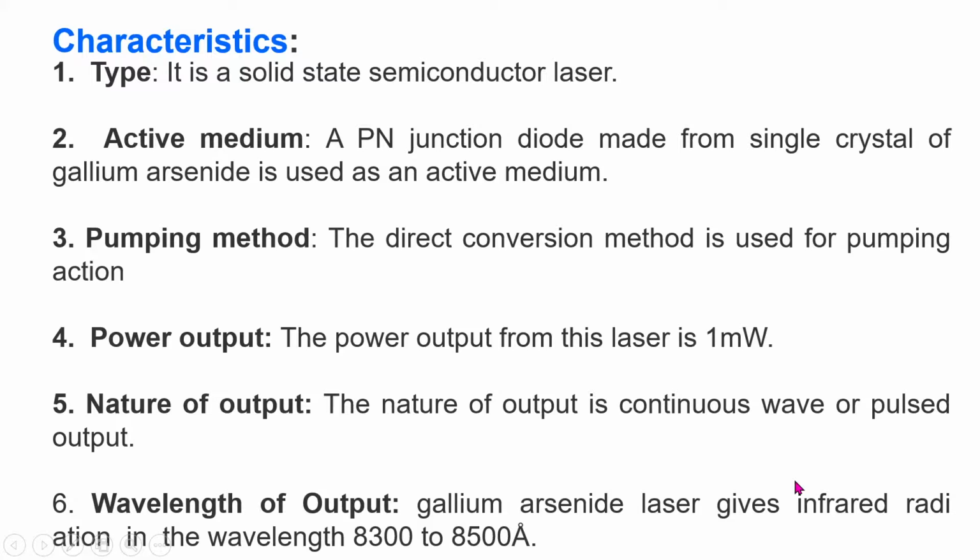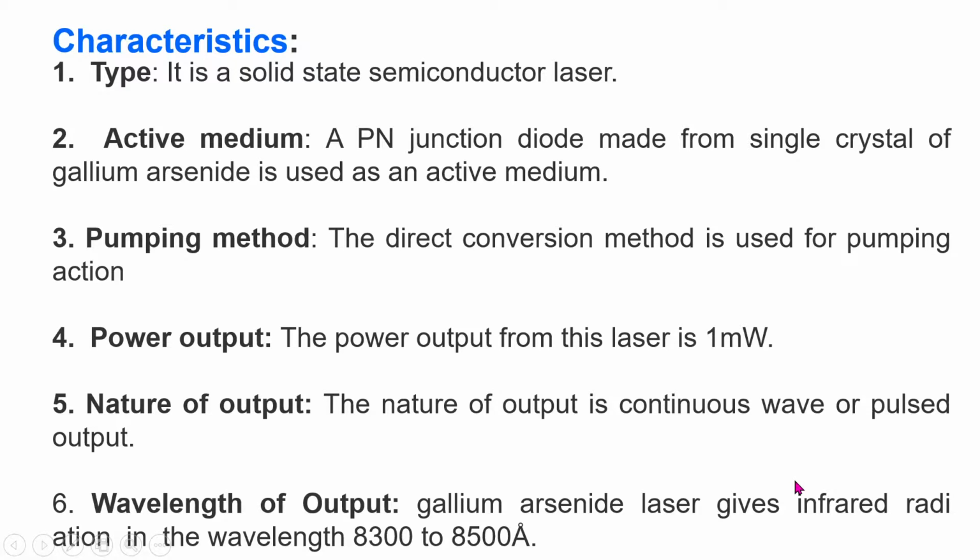The direct conversion method is used for the pumping action. That means we apply the electrical supply directly to the PN junction diode, and there is direct conversion. So here the electrical system is used as the pumping method.